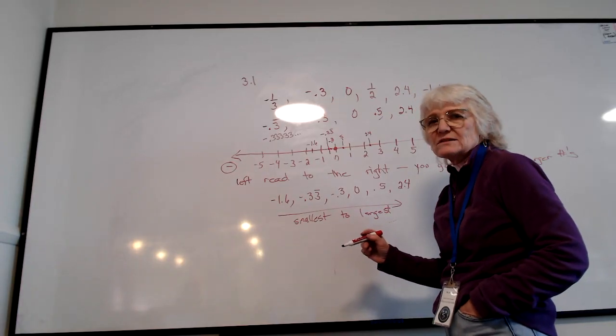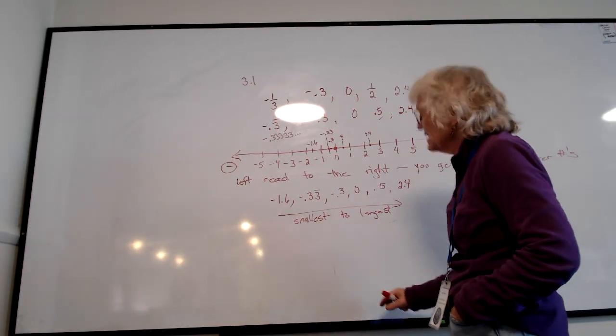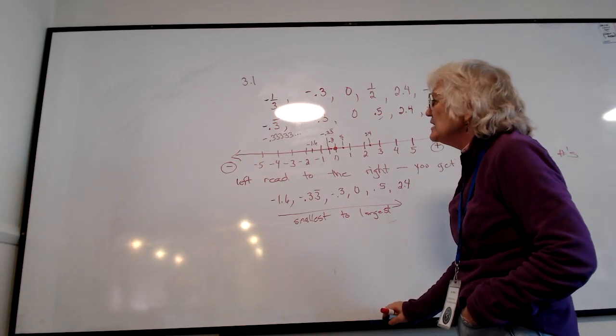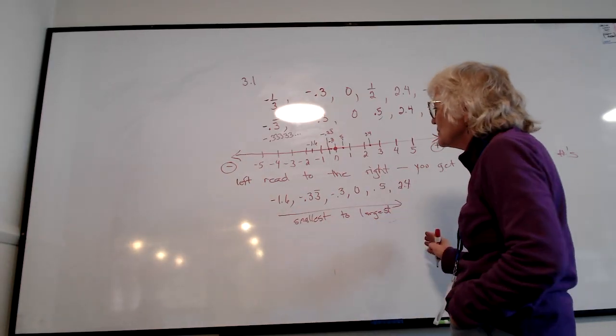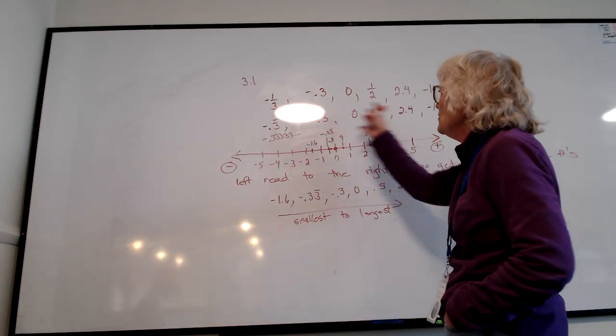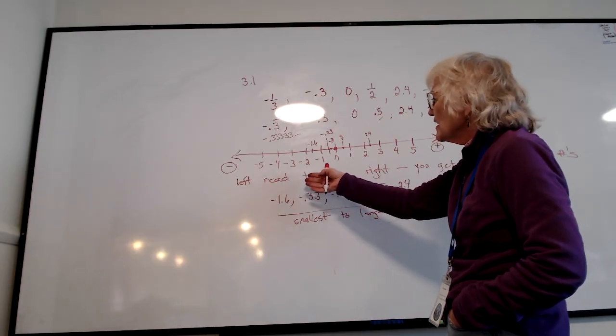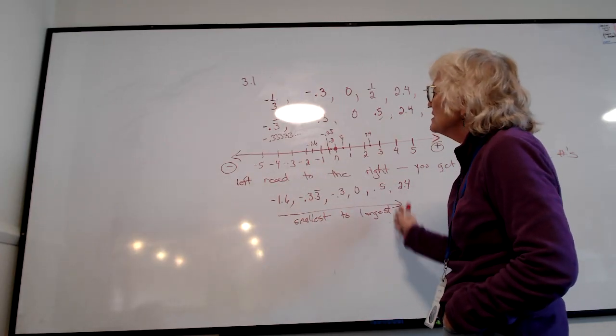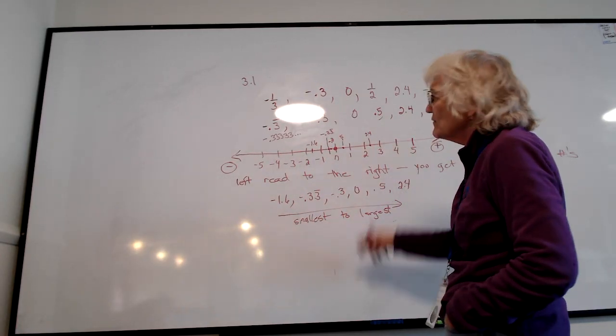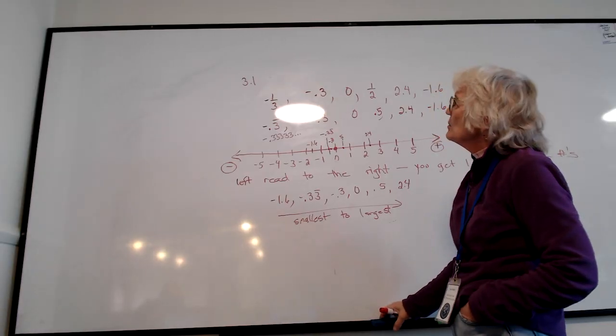Okay. So that's one of the ways you can compare decimal numbers. That's a way that you can order them from smallest to largest, and it's also how you graph them on your number line.